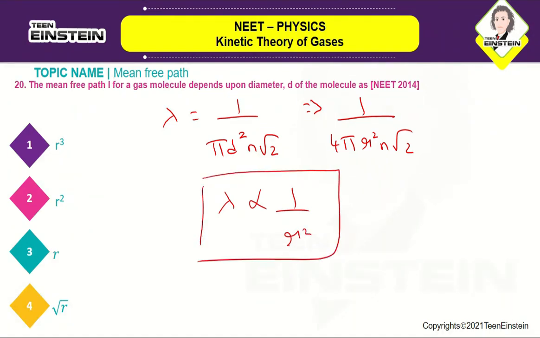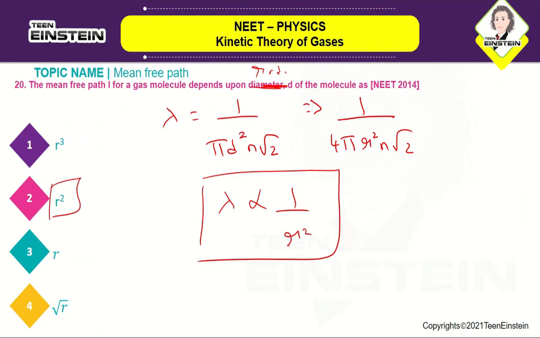So in the last question they asked how it depends upon the diameter d of the molecule. So here the mean free path of a gas molecule depends upon its radius. Okay, sorry, it's not diameter, it is radius of the molecule. So it is inversely proportional to r square.